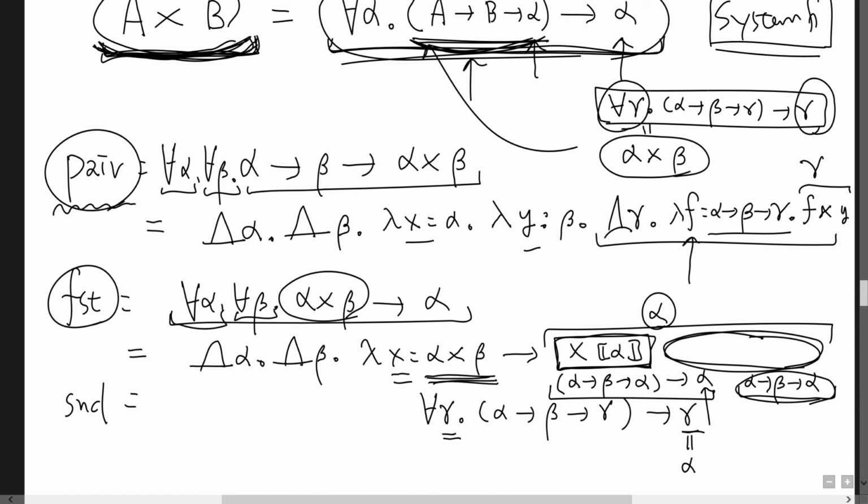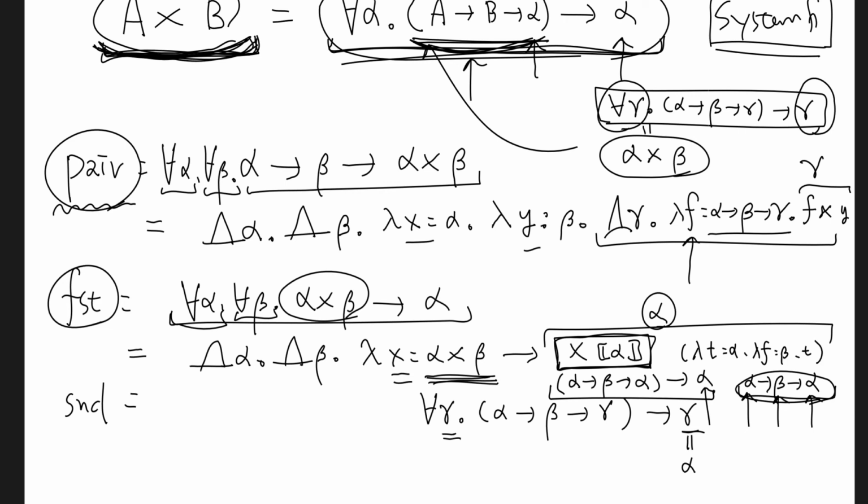Take the first choice, take the second choice, and just return the first choice, just like a Boolean truth. So it has given me the first choice, t of alpha, given me the second choice, f of beta, and then return t. Then the whole expression has type alpha.